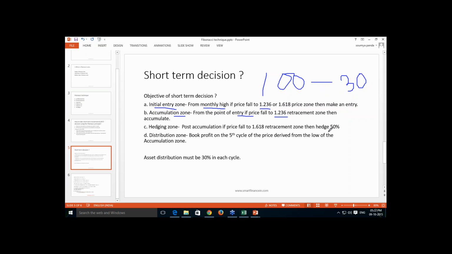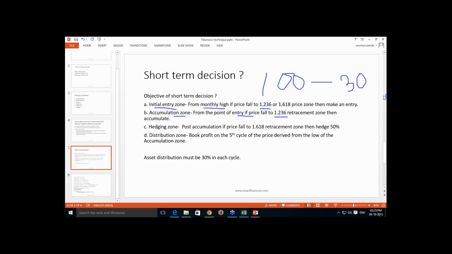So this hedging has the objective of protecting your accumulation zone investment and giving you another chance for accumulation. Then you go for the growth rate or distribution zone, wherein you book profit if the fifth cycle of the price derives from the low of the accumulation zone. If that happens, then you can think of distribution.